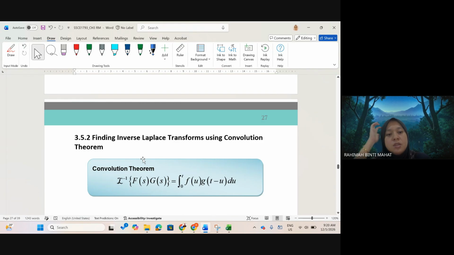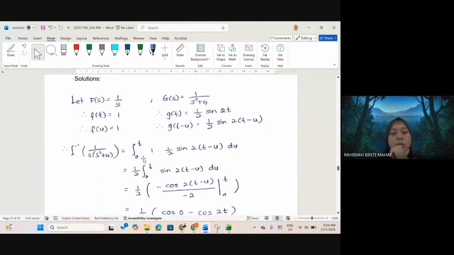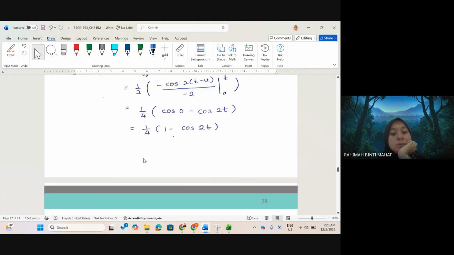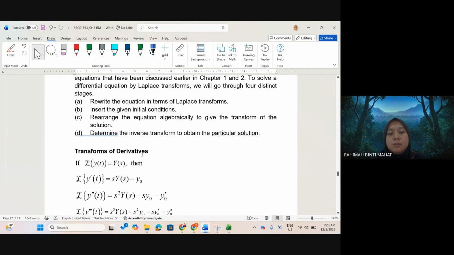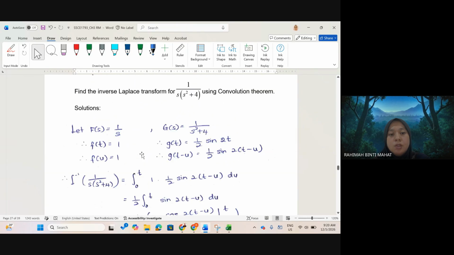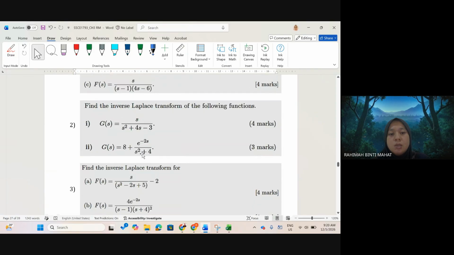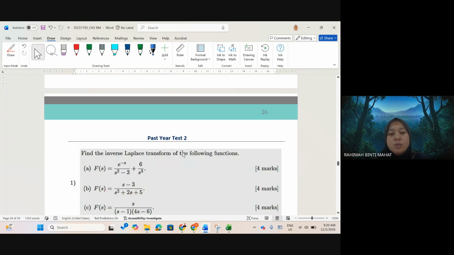This is just one subtopic, one example. It's okay. You can just solve this one first by using the partial fraction.